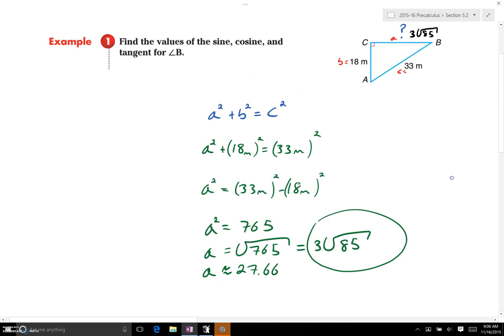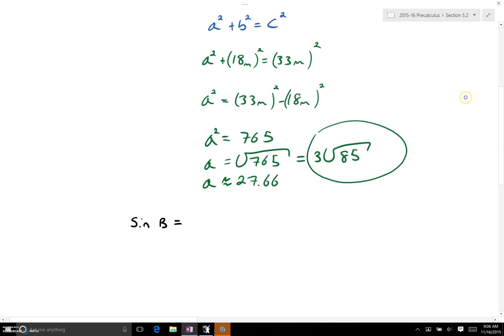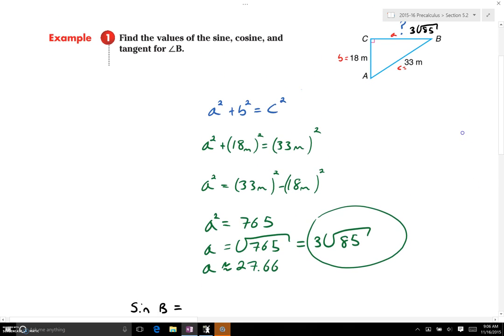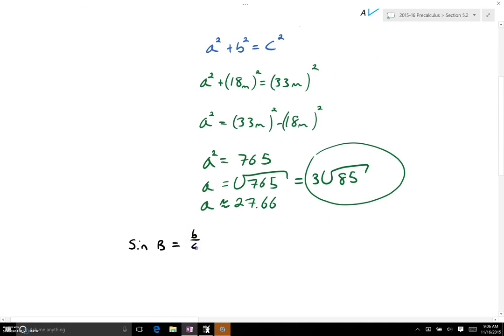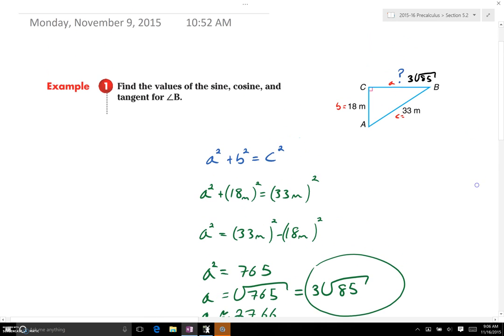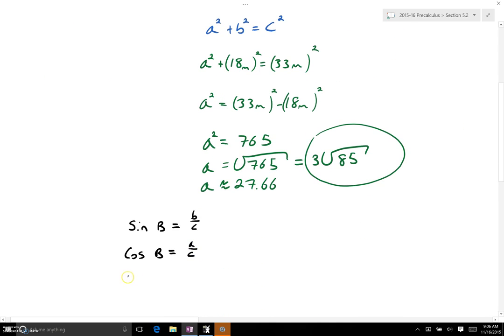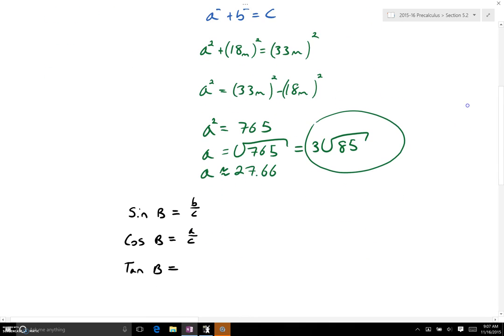And they asked for the sine, cosine, and tangent of angle B. So the sine of B is going to be the opposite over the hypotenuse, and so that's going to be B over C. And the cosine of B is going to be the adjacent over the hypotenuse, so that's going to be A over C. And then the tan of B is going to be the opposite over the adjacent, so that's going to be B over A.